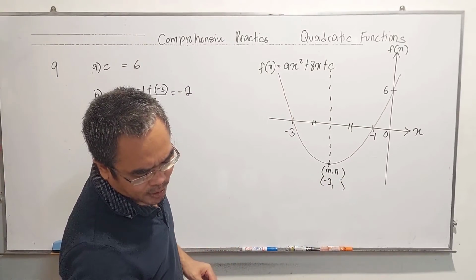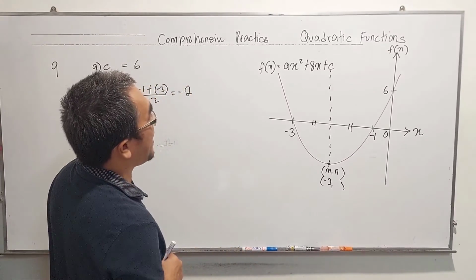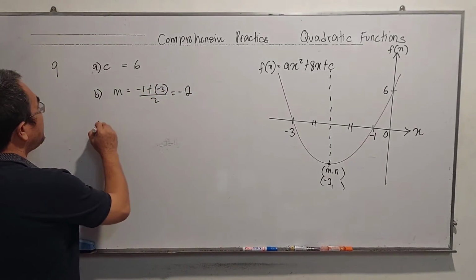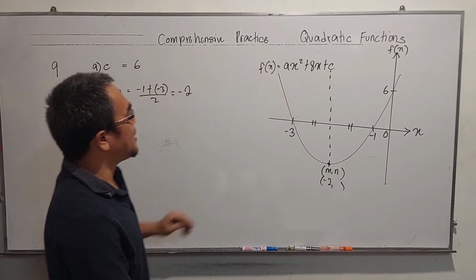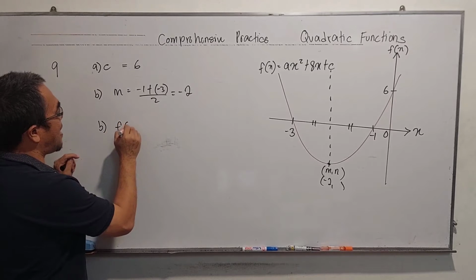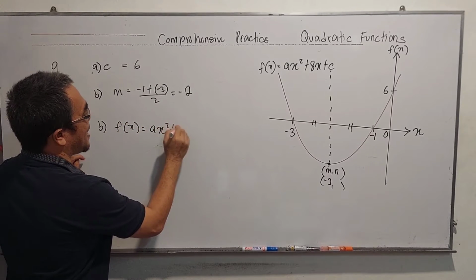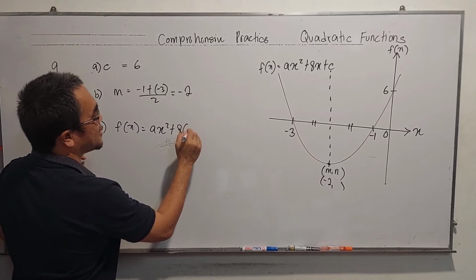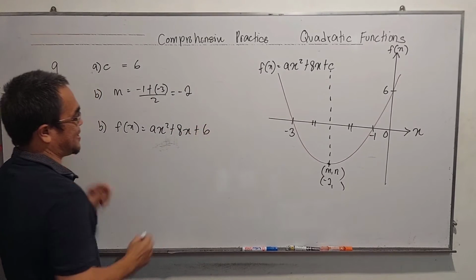The next question is C. What is the value of a? Before you can answer that, since you know the value of c is 6, you should replace it: f(x) equals ax squared plus 8x plus 6.